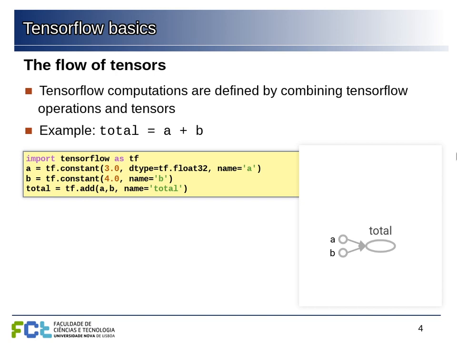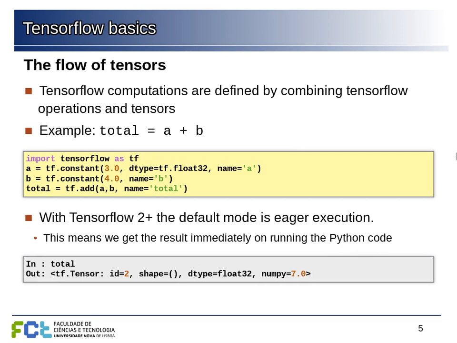We have these two tensors here, and we have this operation of summing them, and then we obtain the result of the operation. So this total is the result of this sum of the two constants there.